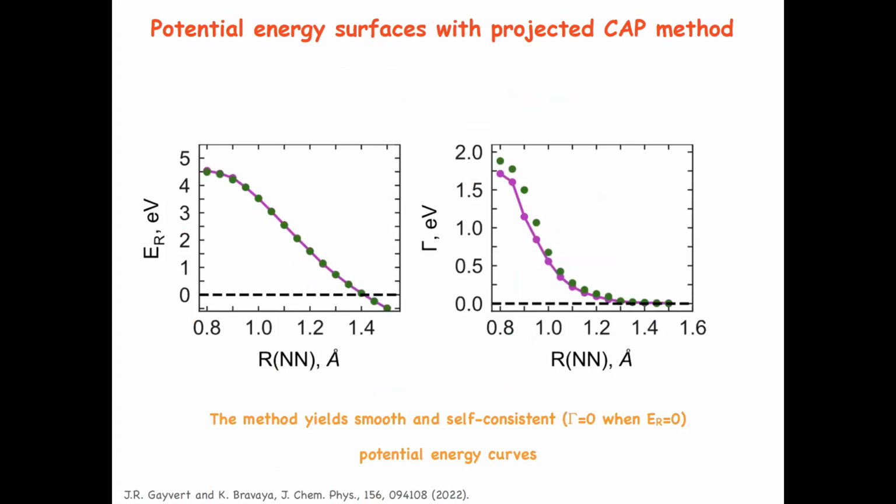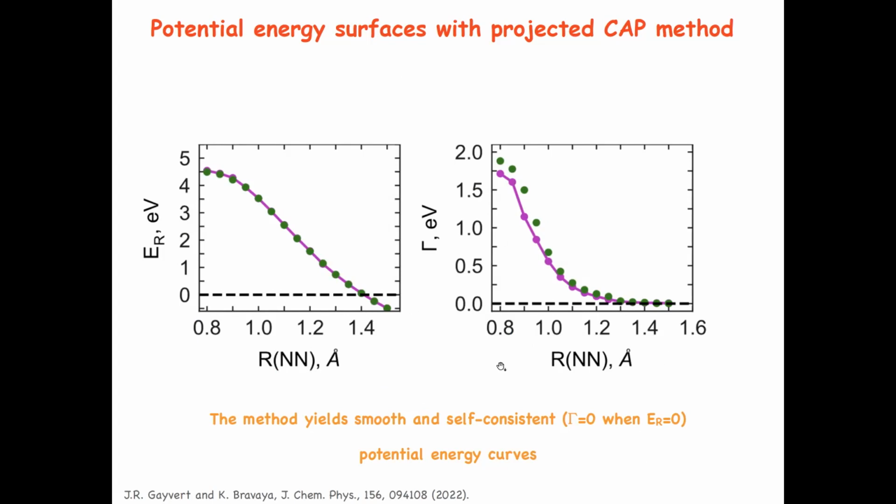One concern one might have with this projected technique is how stable it is if you are thinking about potential energy surfaces, because in principle, one can imagine that if we change molecular geometry, the number of states needed to obtain the converged result might change, or the states will have different character. To test this hypothesis, we looked at the potential energy surface of N2-.